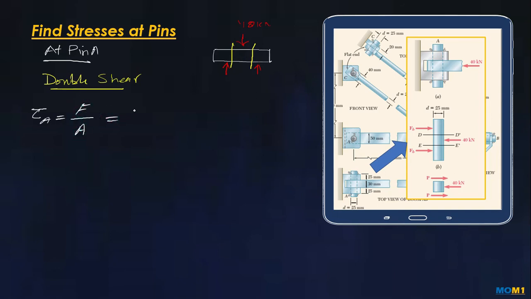Here the force is 20 into 10 raised power 3 Newton, as half of the force is being applied, and the area is the same, 491 into 10 raised power minus 6 meter square, because the pin diameter is 25 millimeter, and we have calculated in the previous example, at pin C. So the value of tau, the shear stress at A, is going to be 40.7 megapascal.